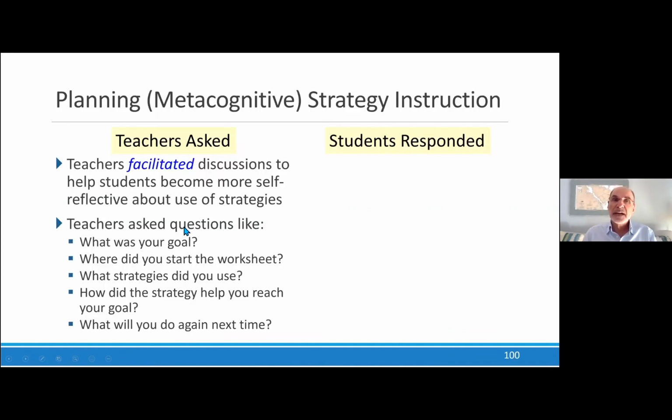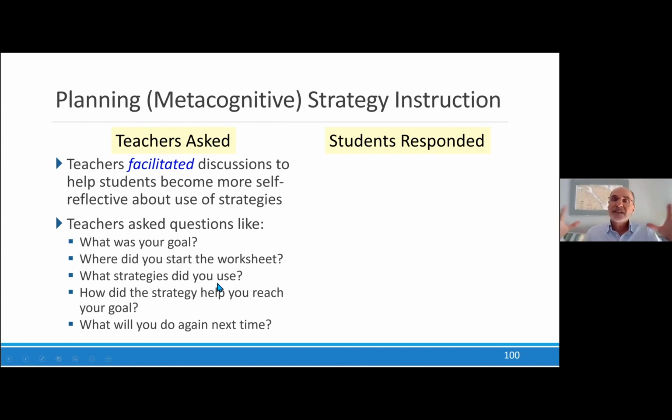Anyway, what did we find? What did we do? The planning, or you could call it metacognitive strategy instruction, teaches facilitated discussions. It's like solution-focused counseling. The teachers just ask questions. What was your goal? Where did you start? What strategies did you use? What will you do next time?